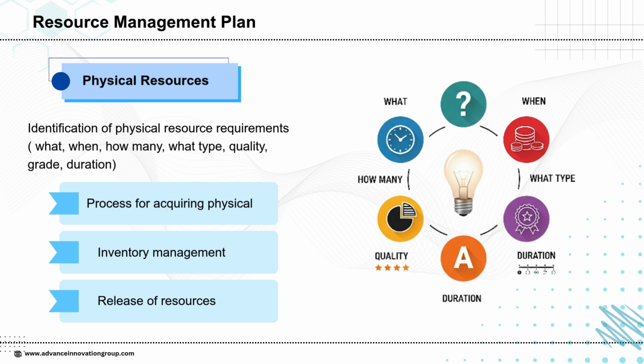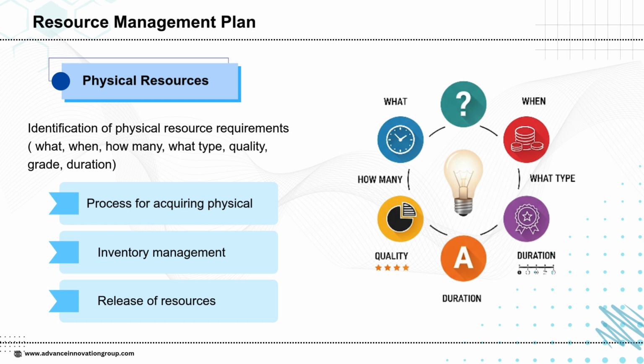Once these requirements are clear, the next step is the process for acquiring physical resources, which means how the project will obtain or arrange these resources, whether through procurement, rental, or internal allocation. The plan also covers inventory management, ensuring that the resources are tracked, stored, and utilized effectively without wastage or shortage.